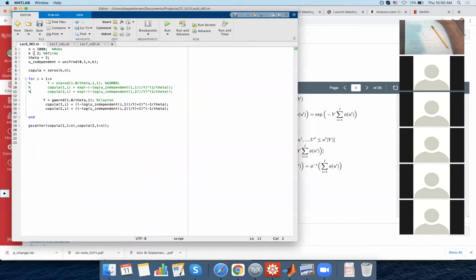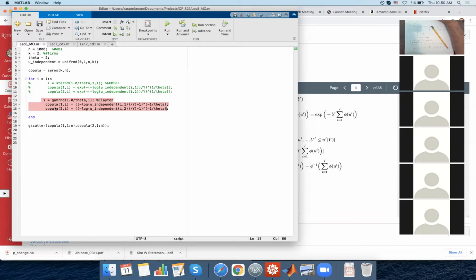I have two names, and I want to simulate 1,000 realizations of these uniforms. My theta, I took a 2, and here I'm generating 1,000 samples of the Clayton copula.